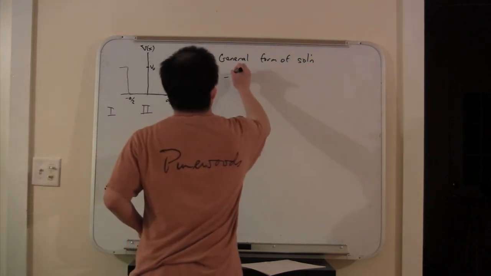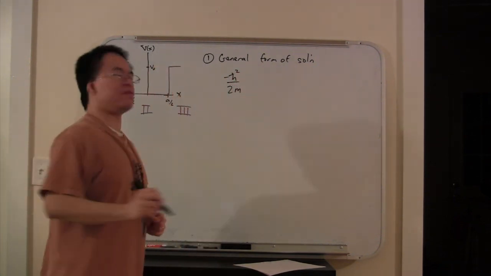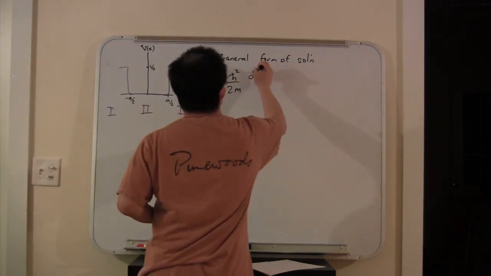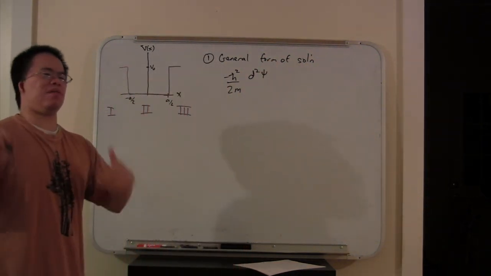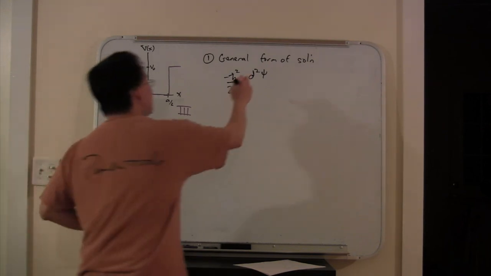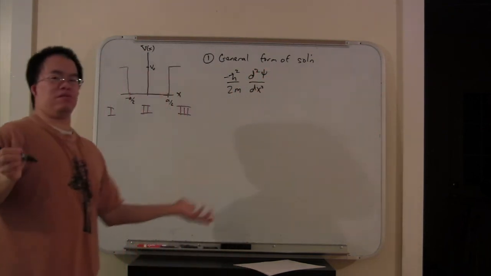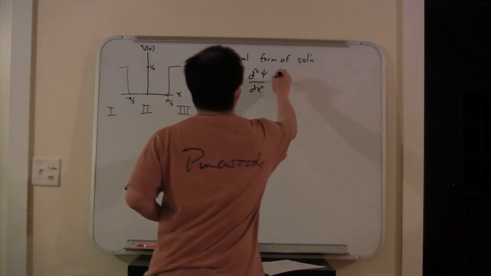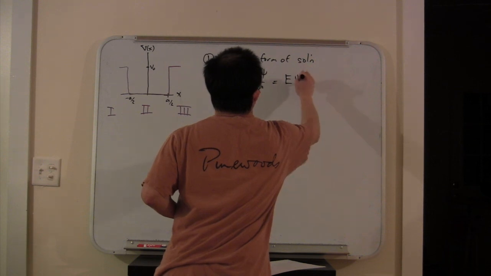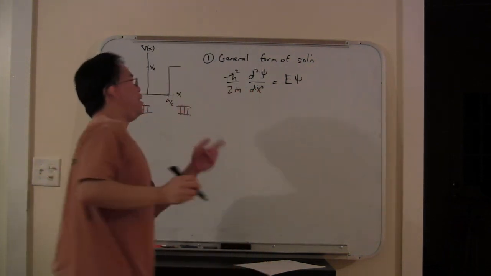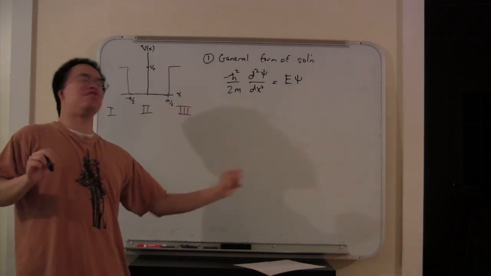So the time-independent Schrodinger equation becomes, and I'll just write it as psi rather than psi sub n for now to save a little writing, d squared psi over dx squared plus 0 equals E psi. And here, being a little sloppy, psi is just a function of x.